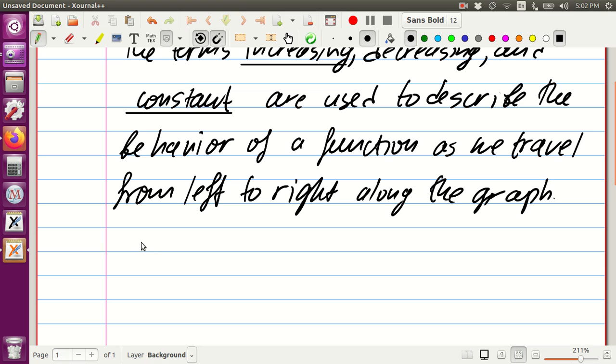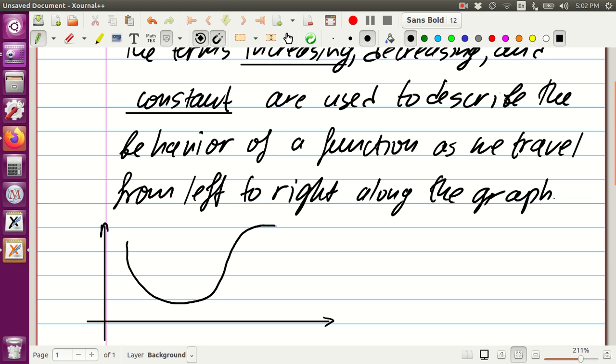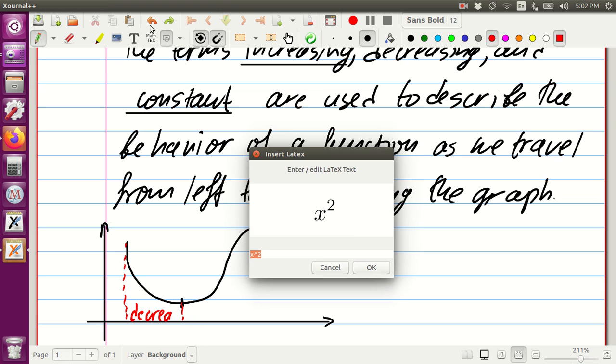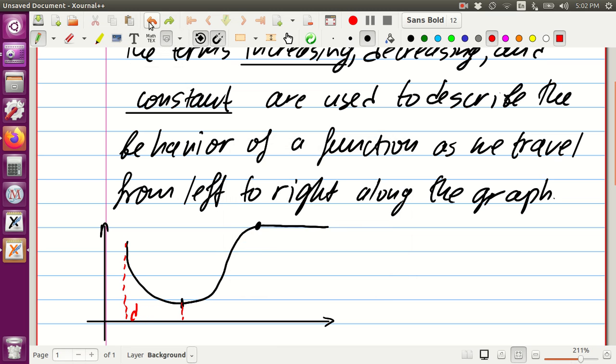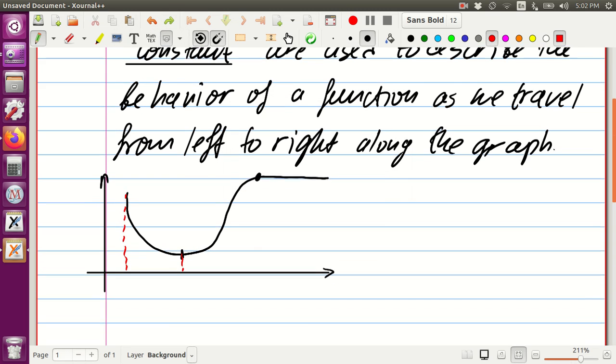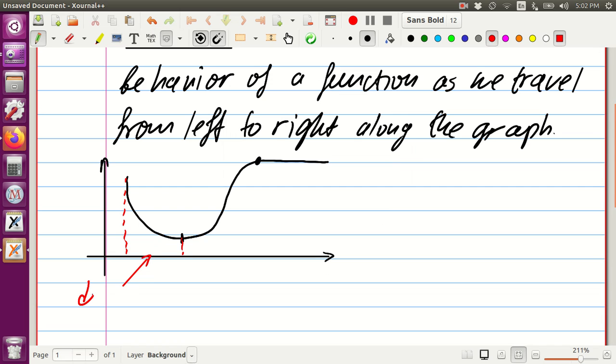So let's quickly look at an example. Suppose we have a function that looks something like this. We can clearly see that up to this point the function is decreasing.